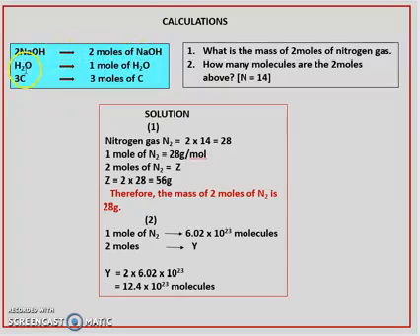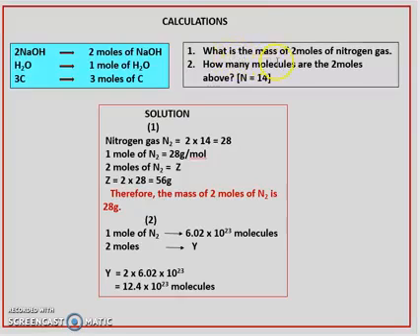This is water molecule and there is nothing in front. It means 1 mole, because this is 1 mole of water molecule. This is carbon and we have 3 in front. So this is 3 moles of carbon atoms. If you see something like this, you should know what it means before you start solving problems. So let's solve some problems on this.